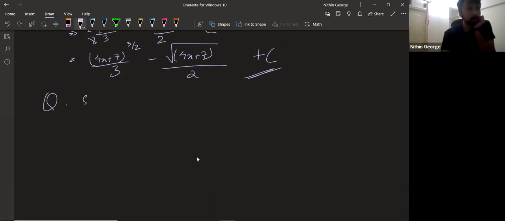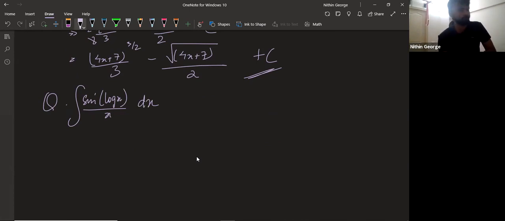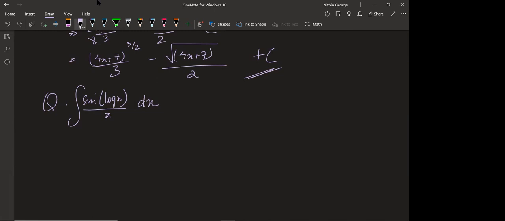Okay, next question. Integral of sine of log x by x dx. Come on, do this. So minus cos log x plus c.